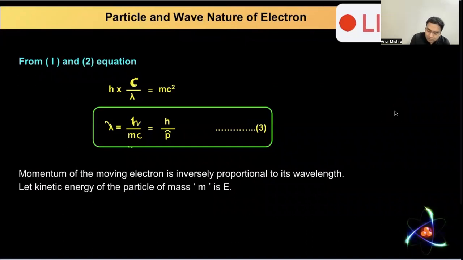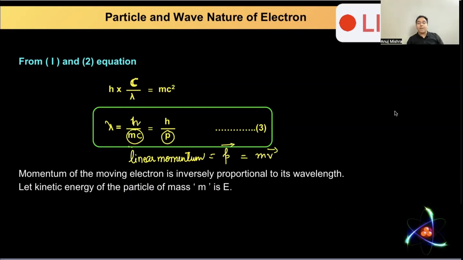P is called momentum, and this MC is also called momentum. So if you know the formula of linear momentum, it's a quantity which is m vector v, and we can write like this. How many understood this whole part? Please mention in concept clarity poll. Take your time.